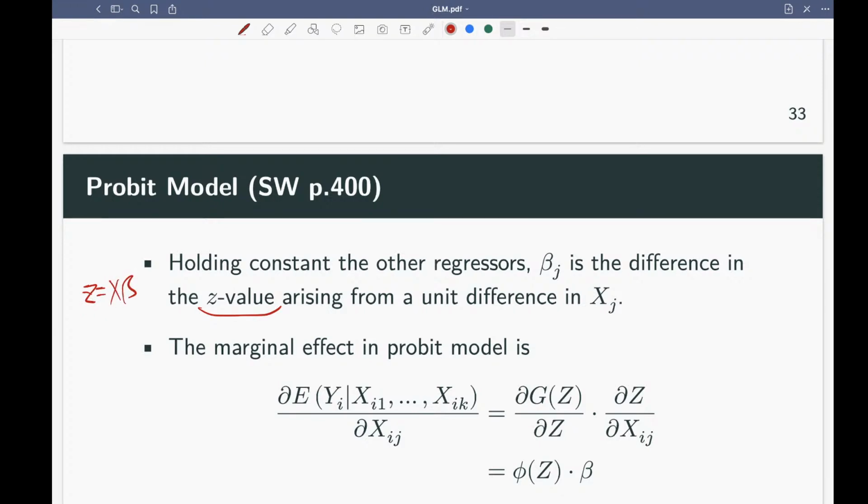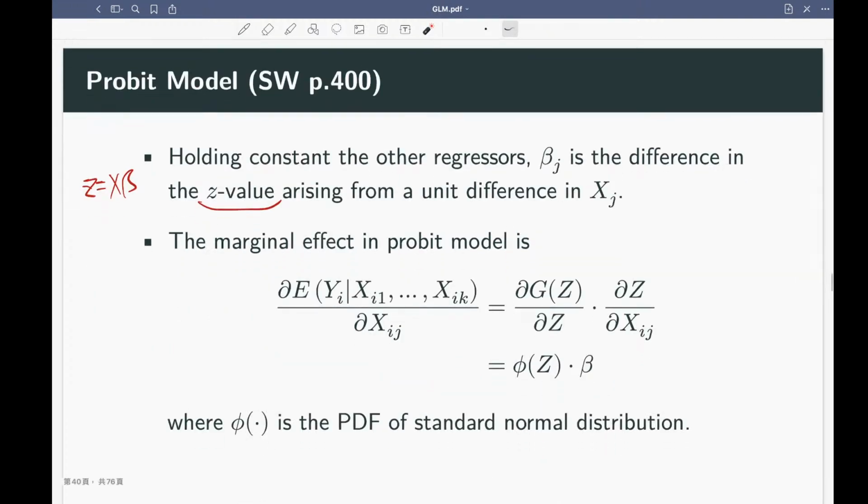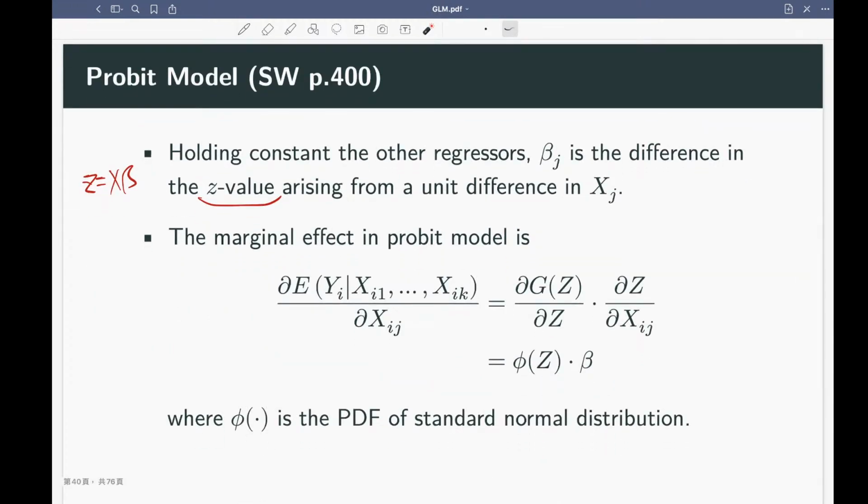How much is the change for x beta? It's beta j. Because the marginal effect in the Probit model is not equal to the coefficient.